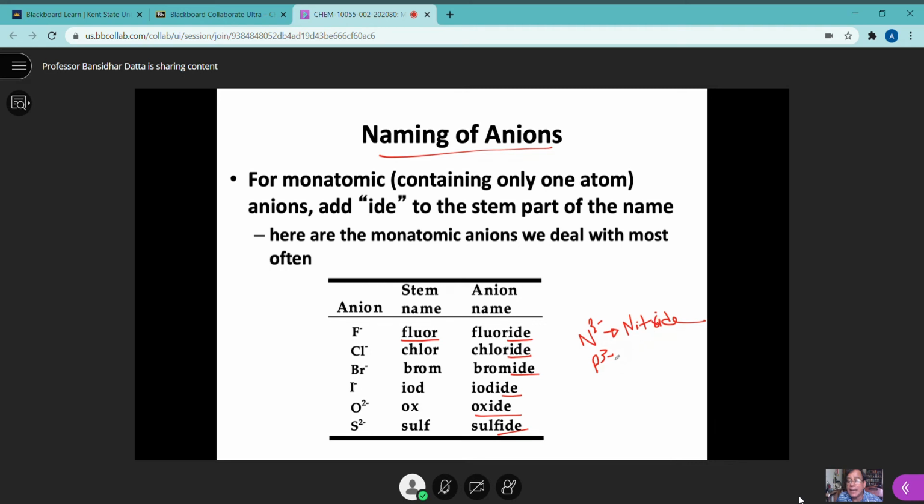Nitride. Similarly, you can name this one phosphorus, so phosphide, -ide, phosphide. So nitride, these are the group 5A.